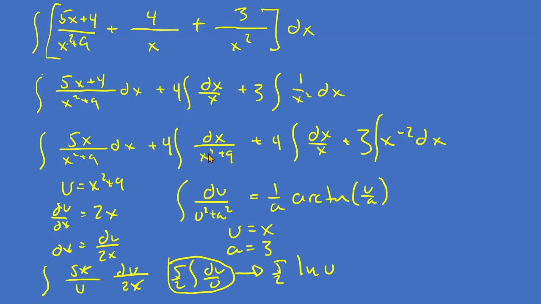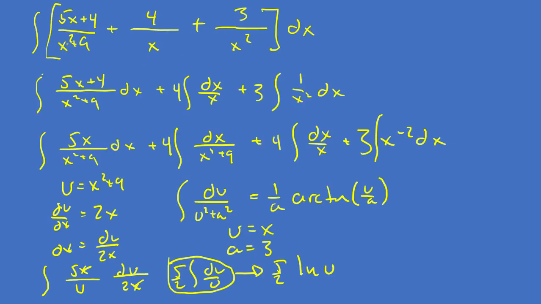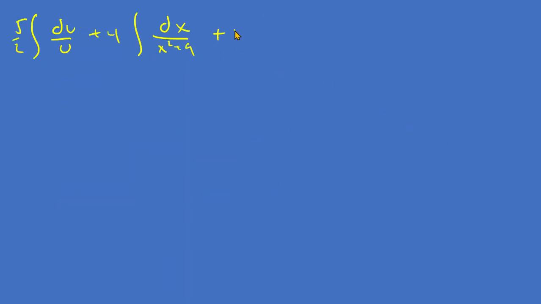The next one was 4 times dx over x squared plus 9. Then the next one was 4 times dx over x. And then the last one was 3 times the integral, I believe it was x to the negative 2.